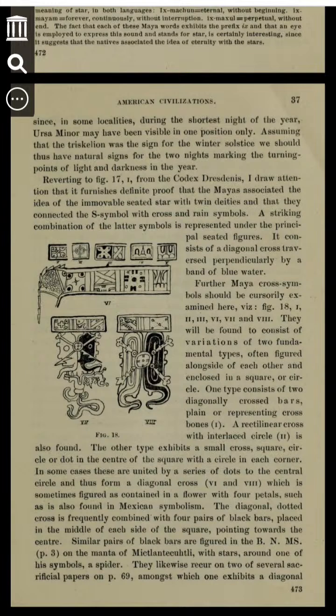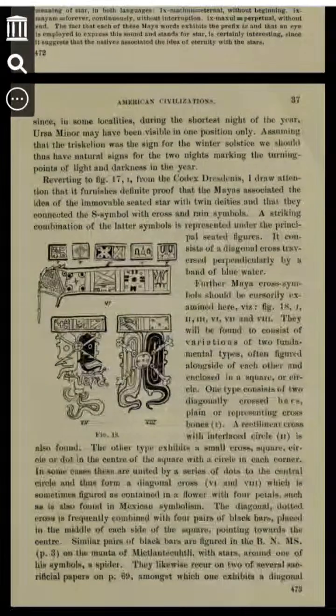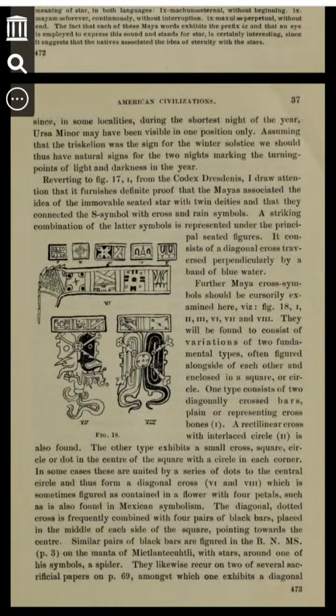In some cases, they are united by a series of dots to the central circle and thus form a diagonal cross, which sometimes figures as contained in a flower with four petals, such as is also found in Mexican symbolism. The diagonal dotted cross is frequently combined with four pairs of black bars placed in the middle of each side of the square, pointing towards the center.